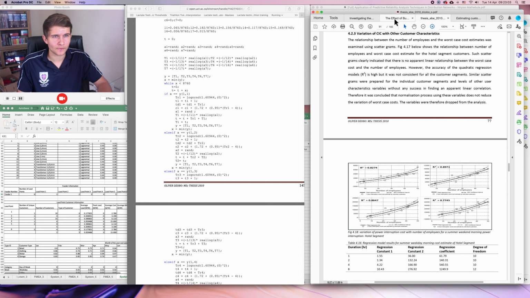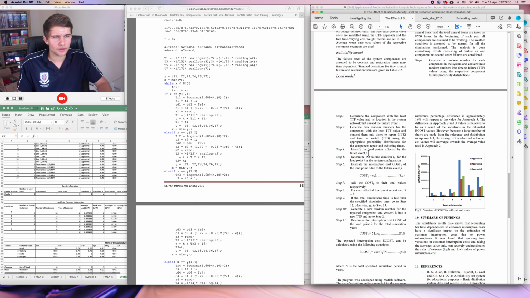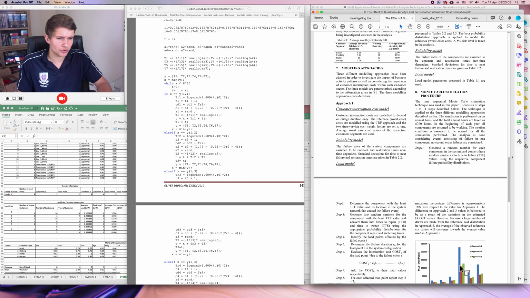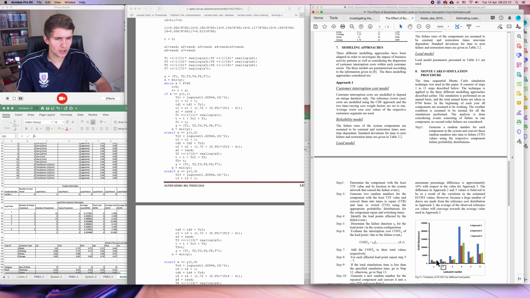In his approach, because in this paper he's simply trying to explain the E-cost, he looks at the differences in E-cost from approach 1, where they don't include any time variation, with approaches 2 and 3, where they include time variations. And then in the third approach, he includes a beta distribution to scale it even further. So in this case, he's got his load and his cost.